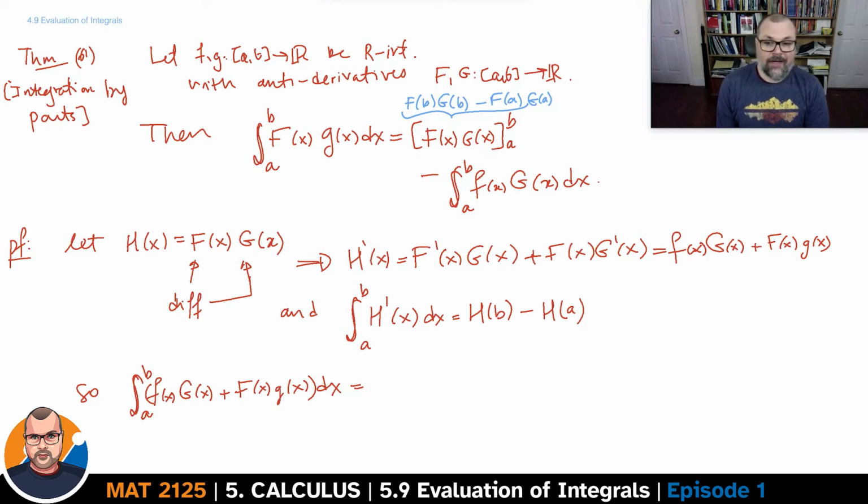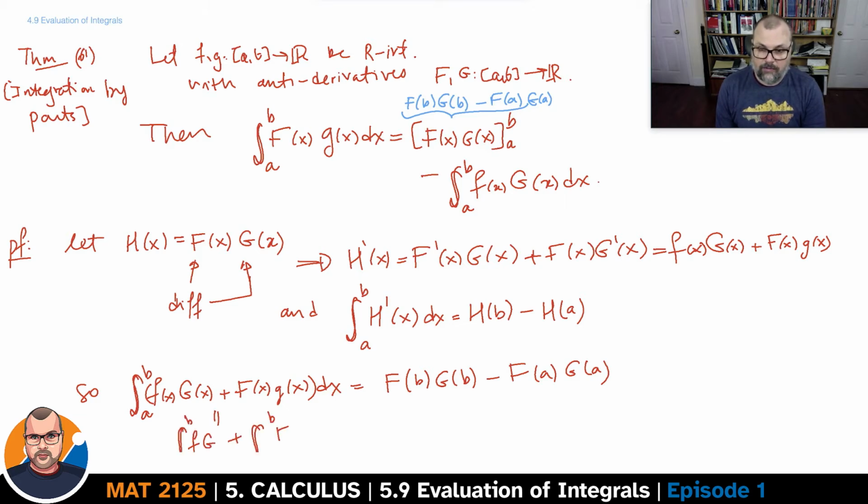And h at b minus h at a, by construction, this would be F(b)G(b) minus F(a)G(a). And you can rearrange the terms. We'll try to keep little g, big F, what we had here. Solve for this by sending this to the other side. It's proven that the integration by parts formula is in fact valid.